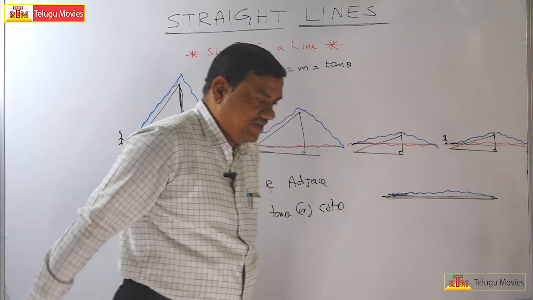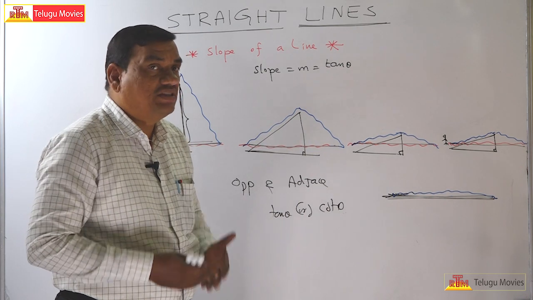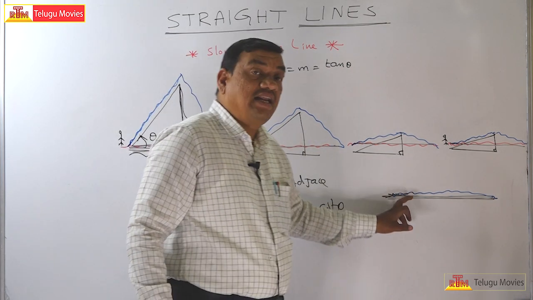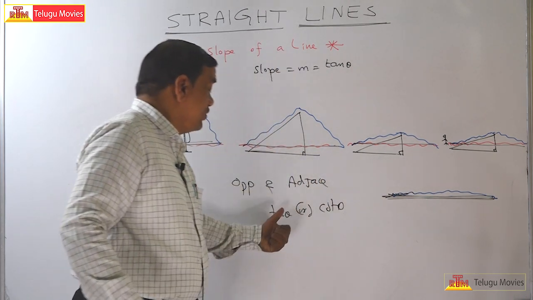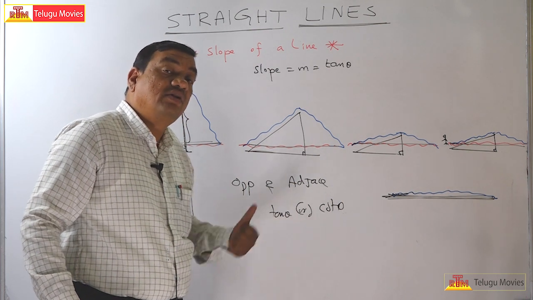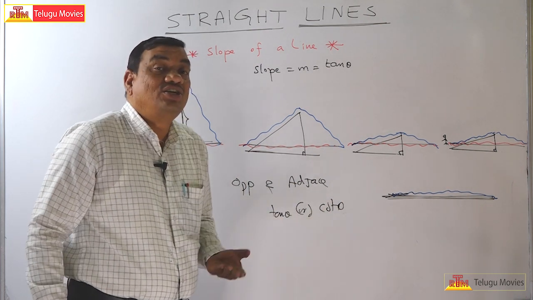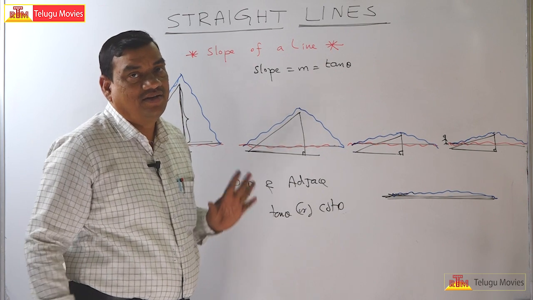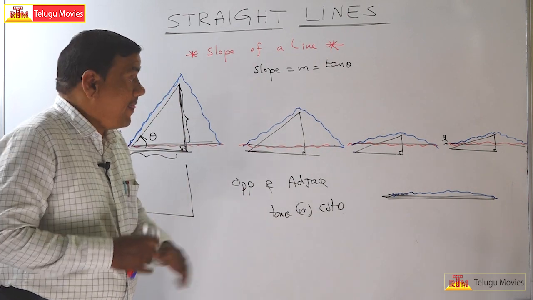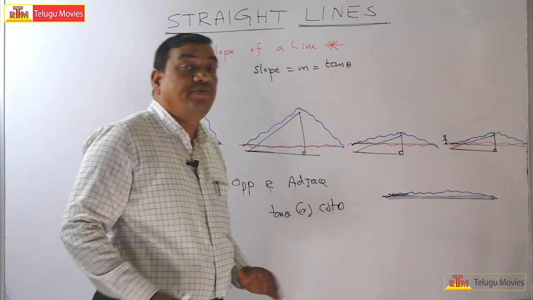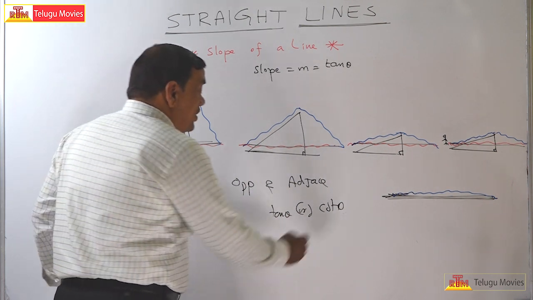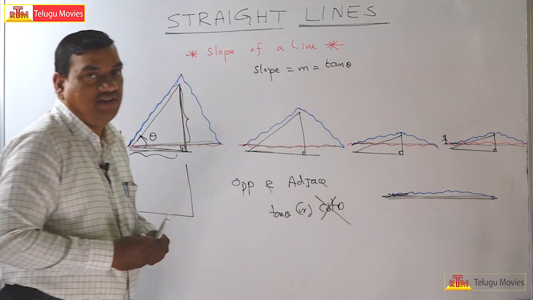No slope. So what is the angle? 0. Therefore, if you put tan 0, it becomes 0. If you put cot 0, that is undefined. That's why, to make it clear, they have taken only tan θ instead of cot θ.